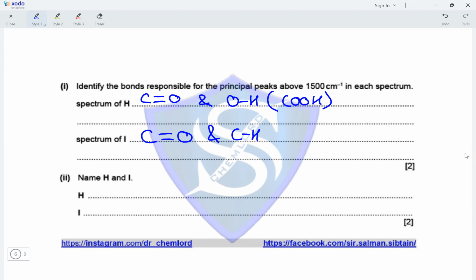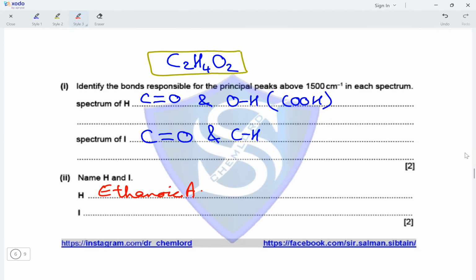So, since spectrum H contains the OH group, that means it has to be a carboxylic acid. The molecular formula given to us was C2H4O2. So, a 2 carbon carboxylic acid is called ethanoic acid, and a 2 carbon ester, which would be I, would be methyl methanoate.